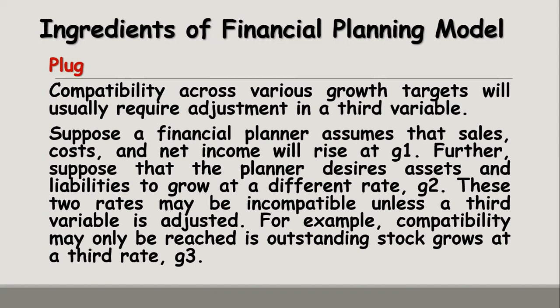Further, suppose that the planner desires assets and liabilities to grow at a different rate. It may be 15%. These two rates may be incompatible unless a third variable is adjusted. For example, compatibility may only be reached if outstanding stock growth is the third variable.